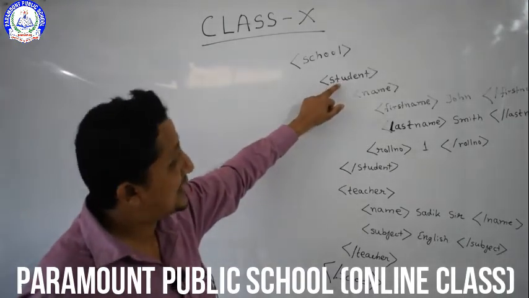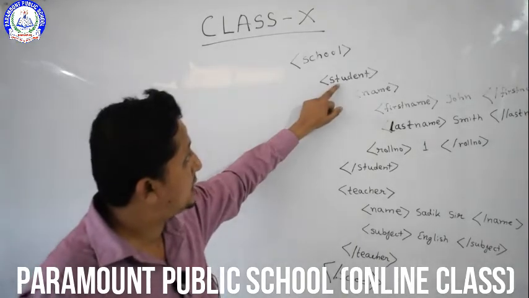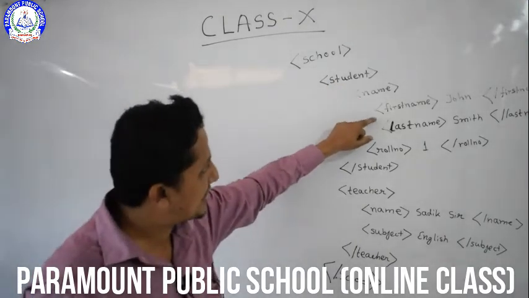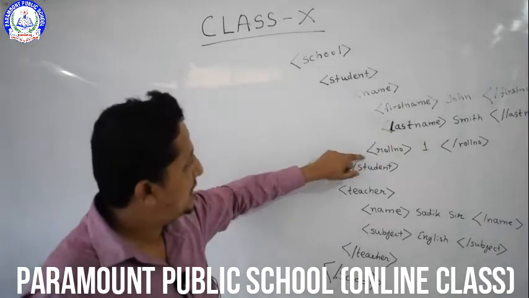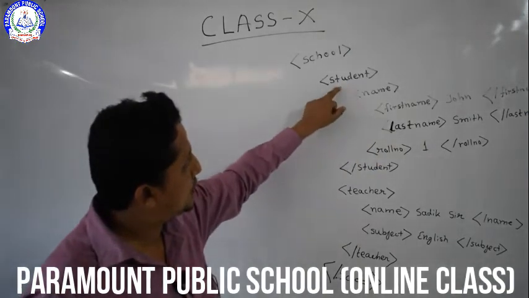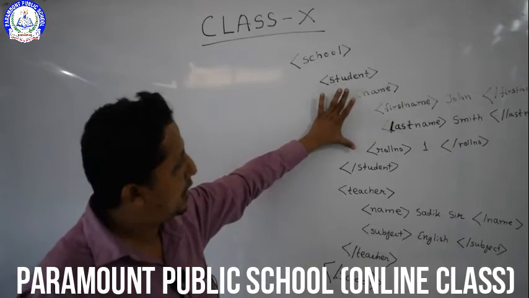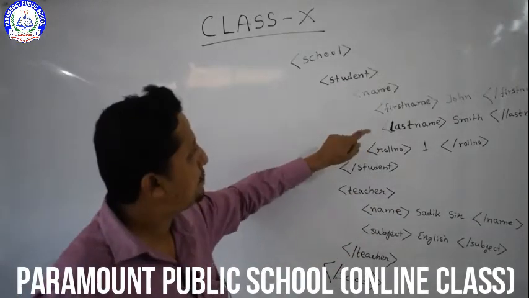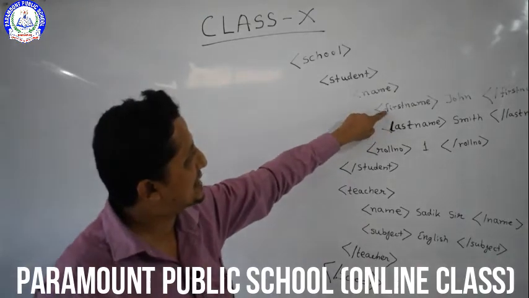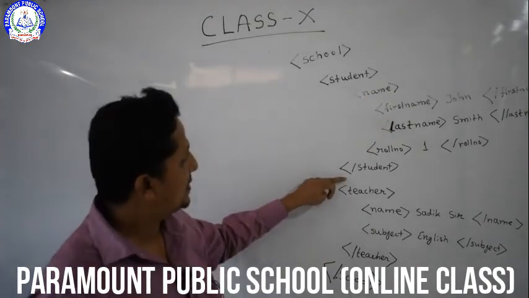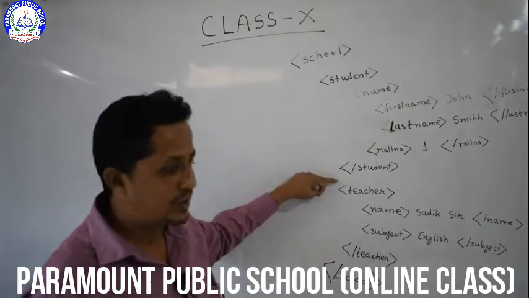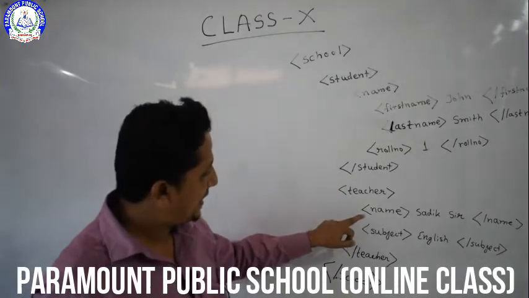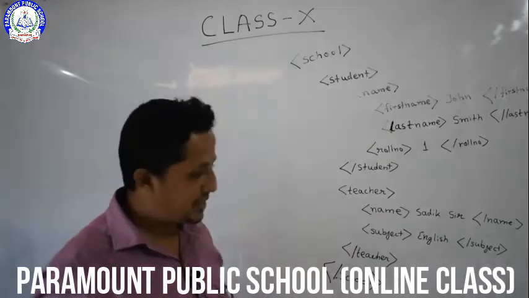Student has two children, name and roll number, and first name and last name are the children of name. Then we open teacher. Teacher has two children, name and subject.